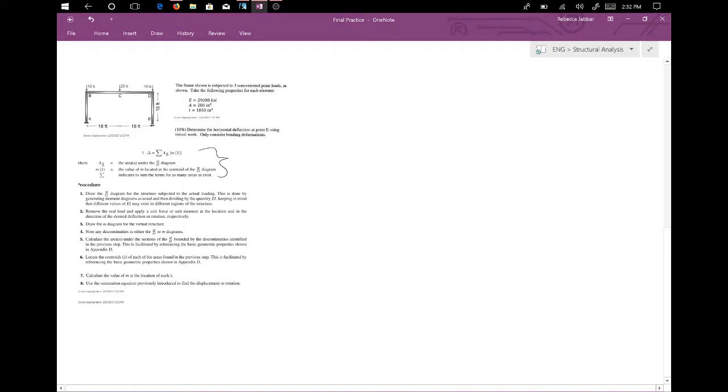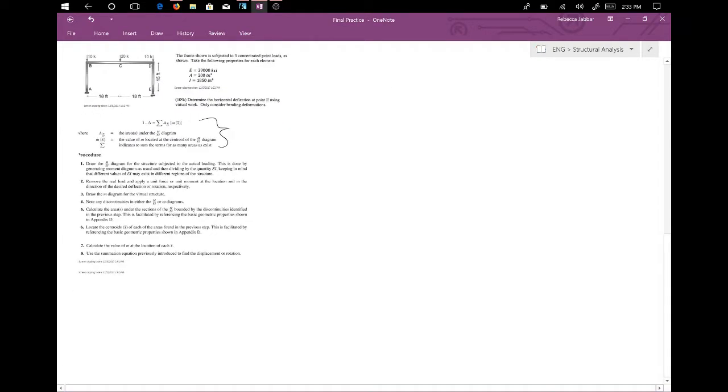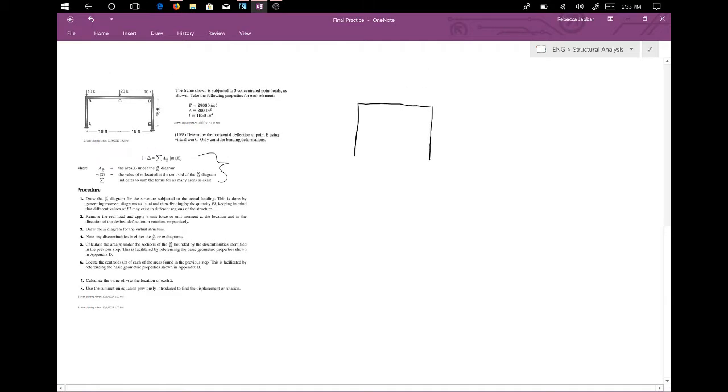All right, so our first job on this one is to do that moment diagram. Let's draw our frame. There's our frame.